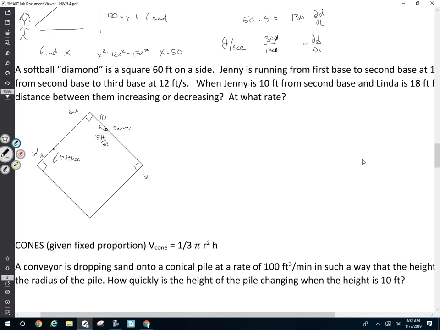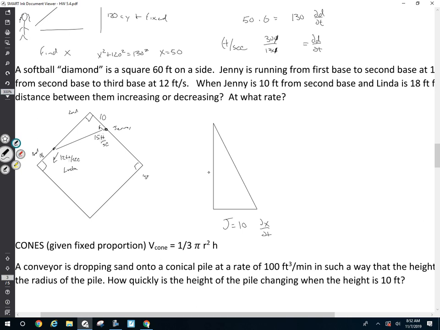Well, my friends, what's going to be easier to do is not look at this diagonally, but instead take this triangle and translate it so that we have this going on. We've got Jenny equal to 10, and we can call Jenny the X. And then we've got Linda.